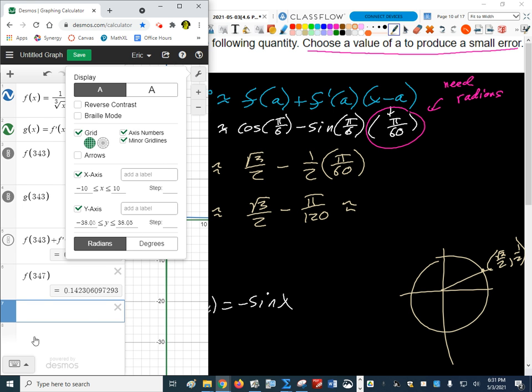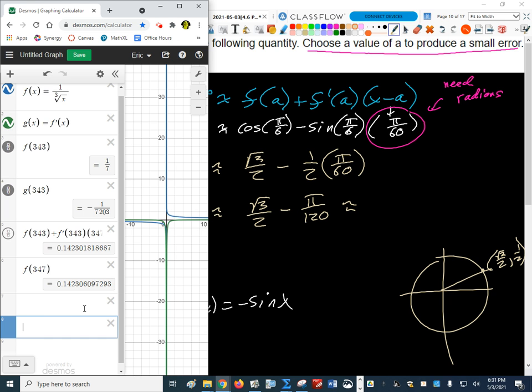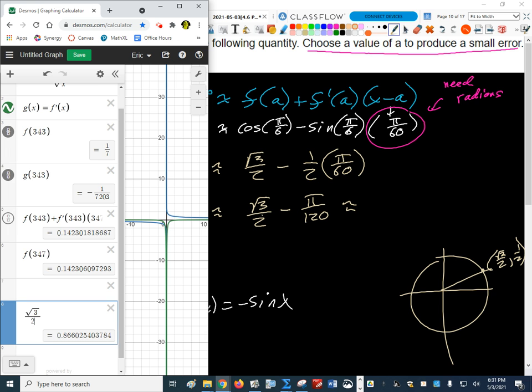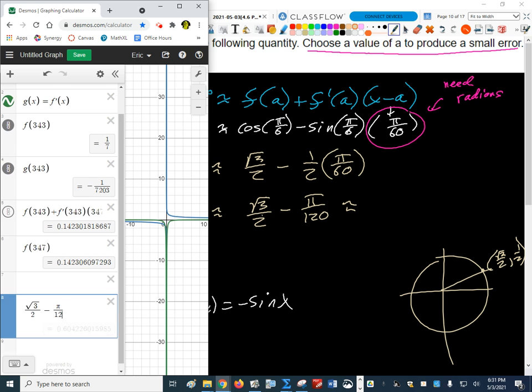We are. Well, actually, we don't need radians. We're just getting an answer here. So square root of 3 over 2 minus pi over 120. There's our approximate answer.